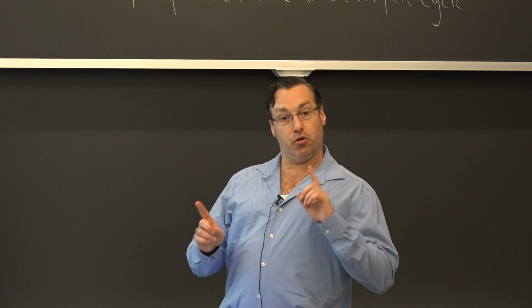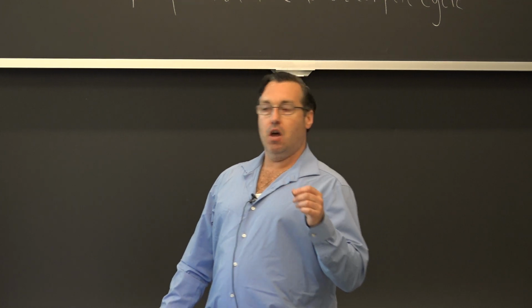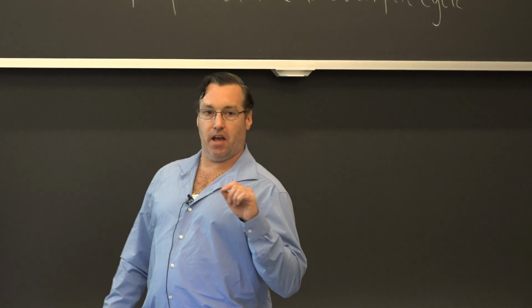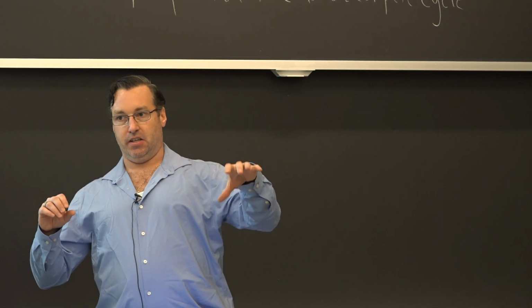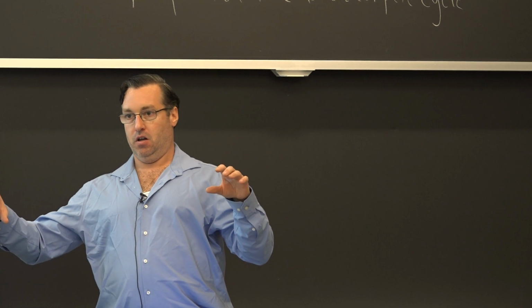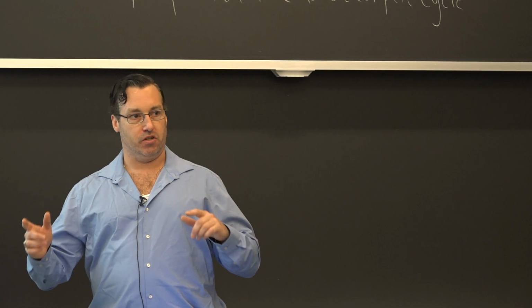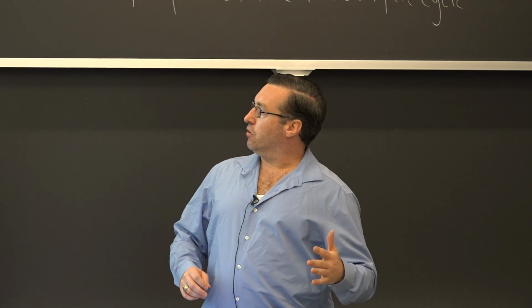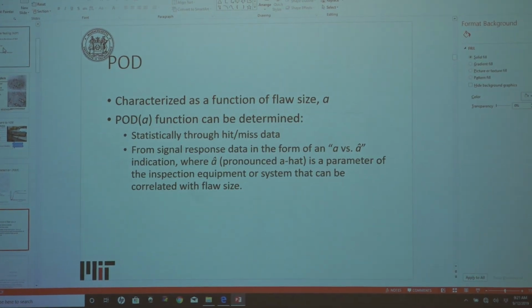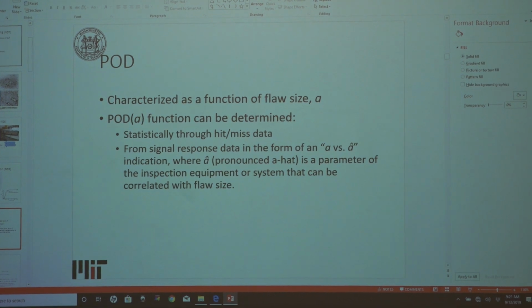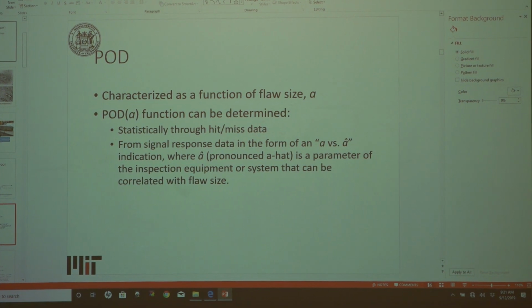So that probability of detection is a function. It can be determined two different ways. You can do a probability of detection test where it's a simple hit or miss. You either see the flaw or you don't see the flaw, so it's binary, like a 1 or 0. The other way is based on a signal response from a known standard, and this is where the calibration ties in.